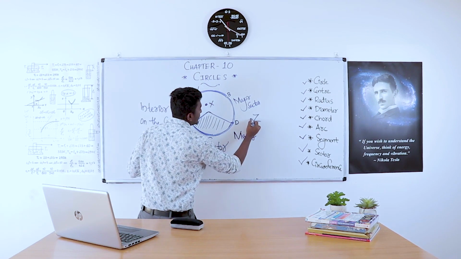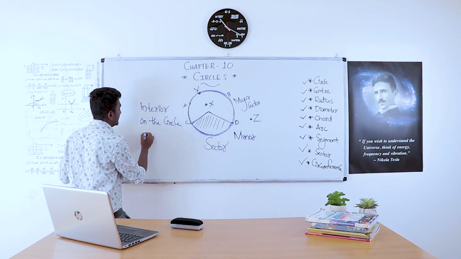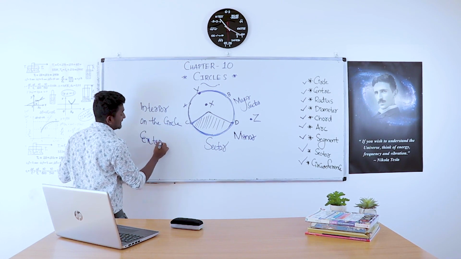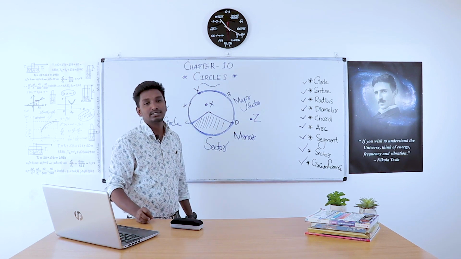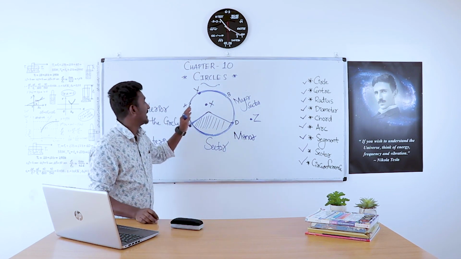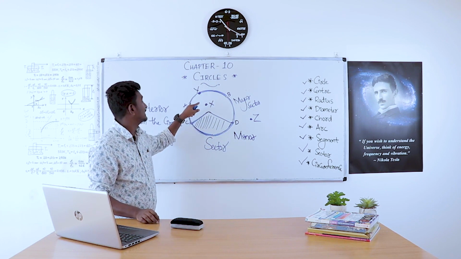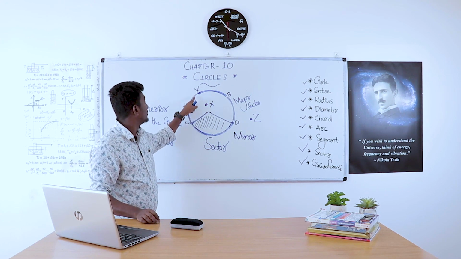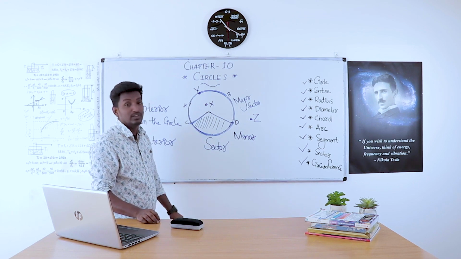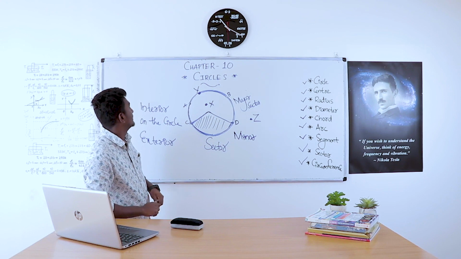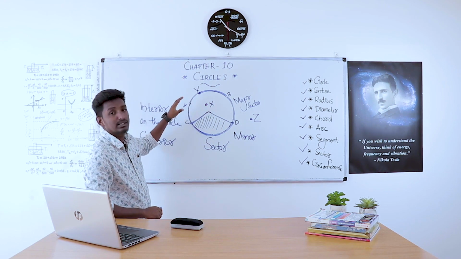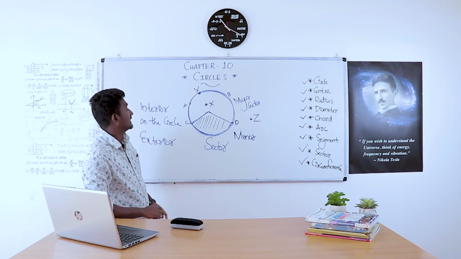And if I am marking a point outside the circle, then the point is known as an exterior point. So when we are marking points, we can mark them as interior, on the circle, and exterior. If the point is inside the circle, it is an interior point. If the point is on the circle, we just call it on the circle. If the point is outside, then it is an exterior point.